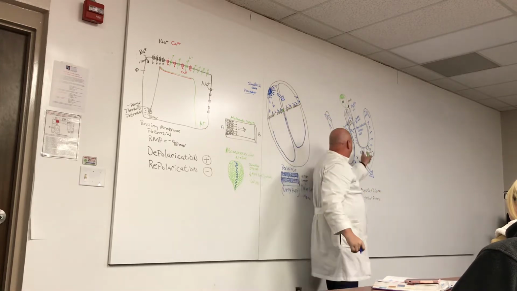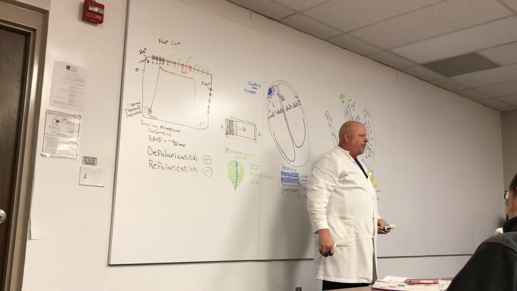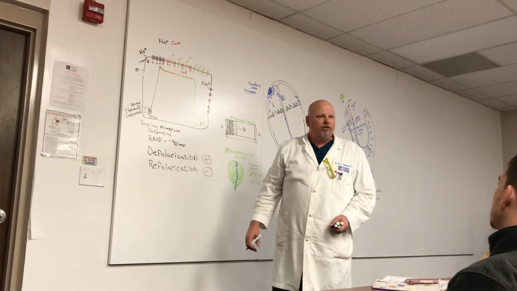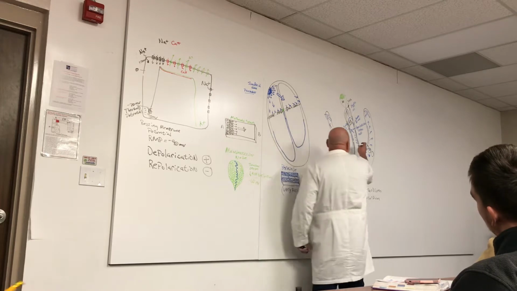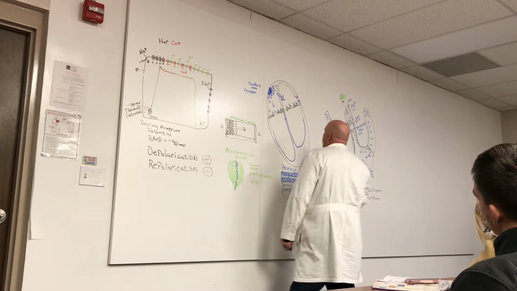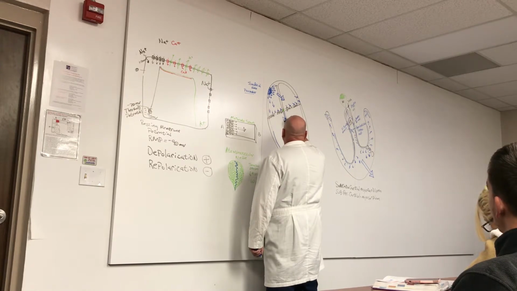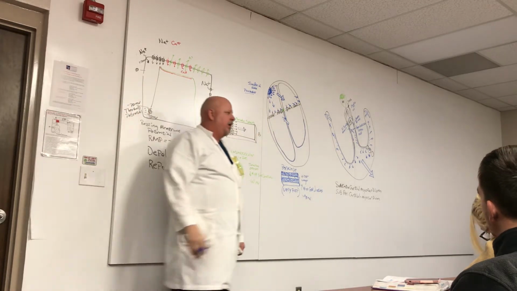Which side? Doesn't that sound like a test question? The interventricular septum is stimulated by the left bundle branch. Only the left bundle branch, right? So we end up with a wave of depolarization from the interventricular septum. Which way? Up and to the right.